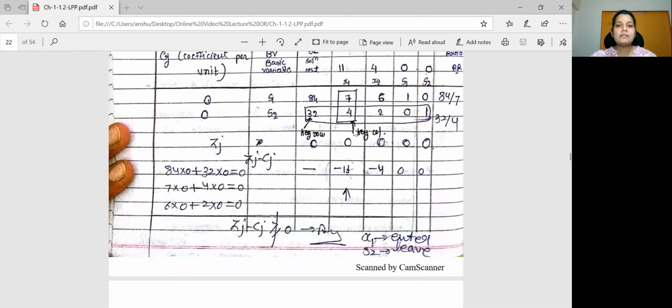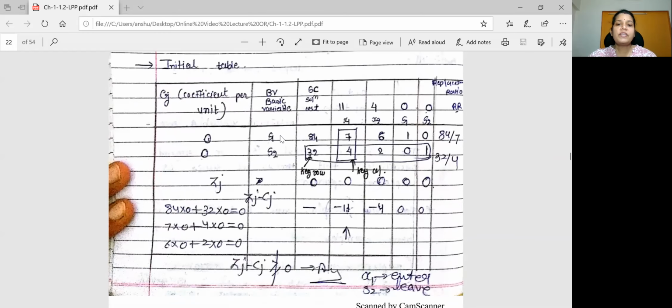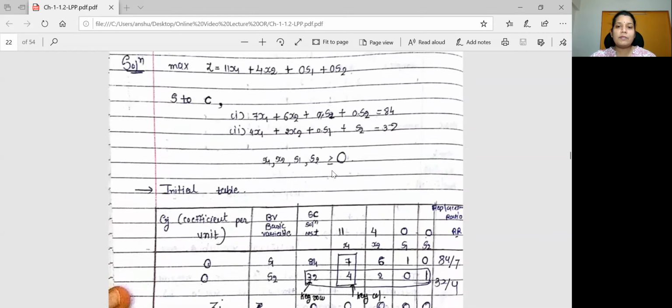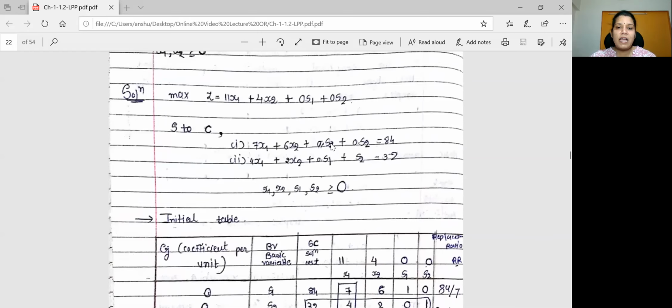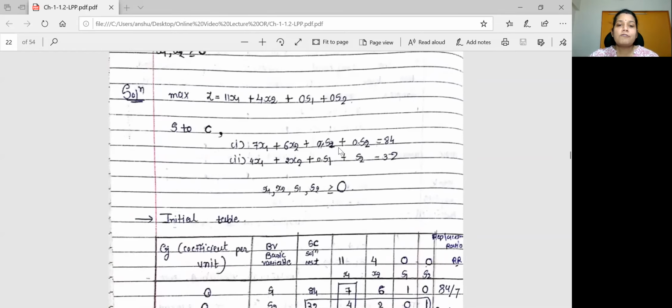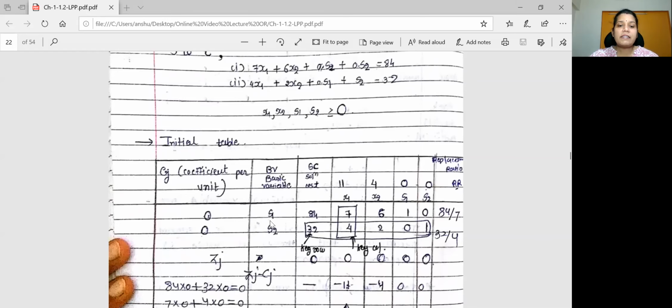The next step is we write our first constraint equation. So the first time we use 0, 0, 0, 0. Why? Because in our basic variable we use the basic variables s1 and s2. So write the sequence properly. If we first use s1, then we write s1.